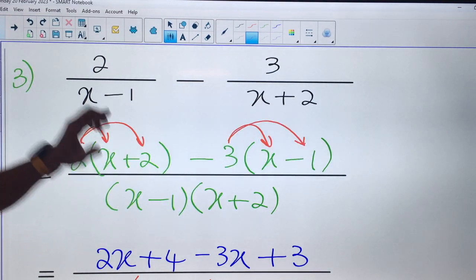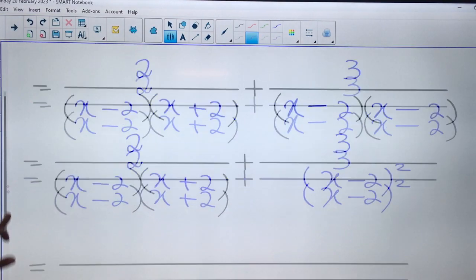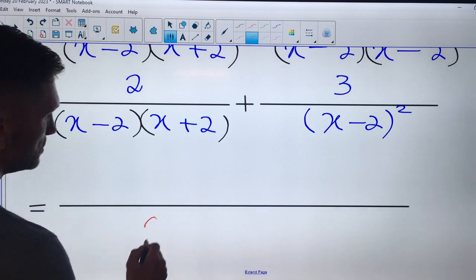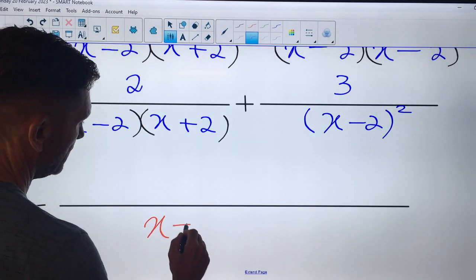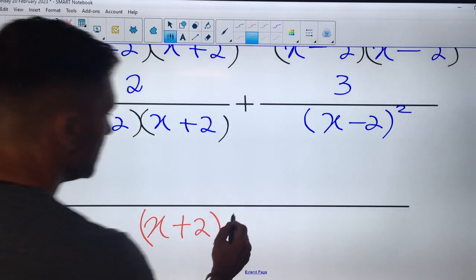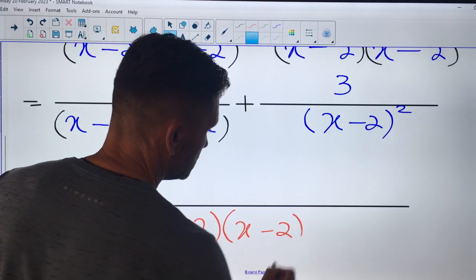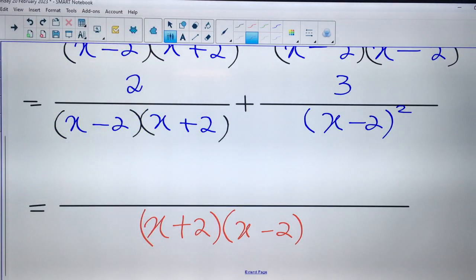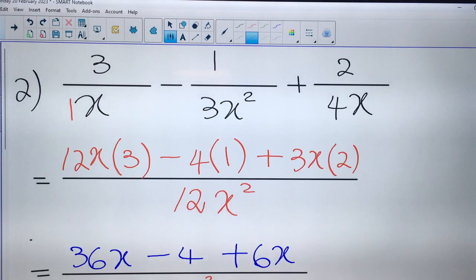So we have to use every one that is different. So that means we have to use x plus 2, and we have to use x minus 2. But note, now I have to go back to this one.